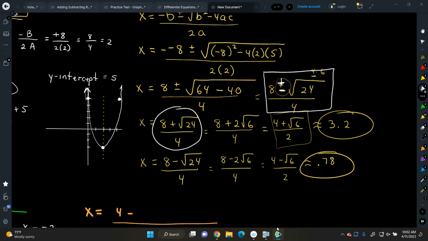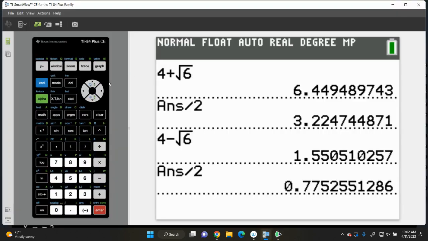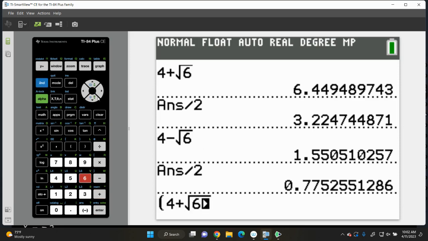When I did it, I added the 4 into one. So if you do that, you have to be careful, right? I have to put the 4 plus the square root of 6 in parentheses first, and then divide it by 2. Otherwise, it's just going to divide the square root of 6 by 2.